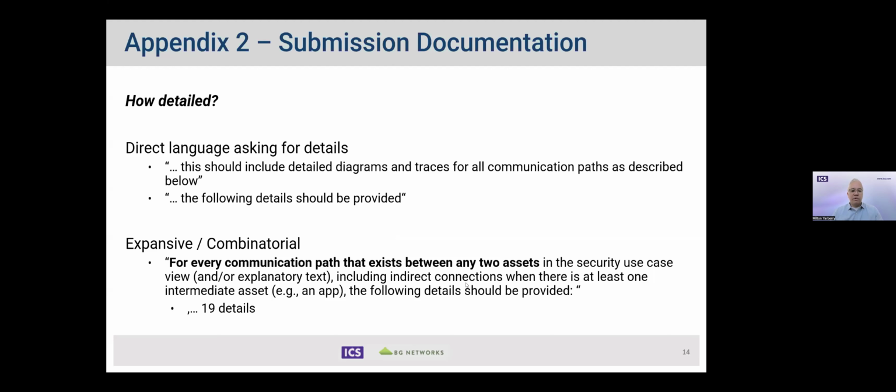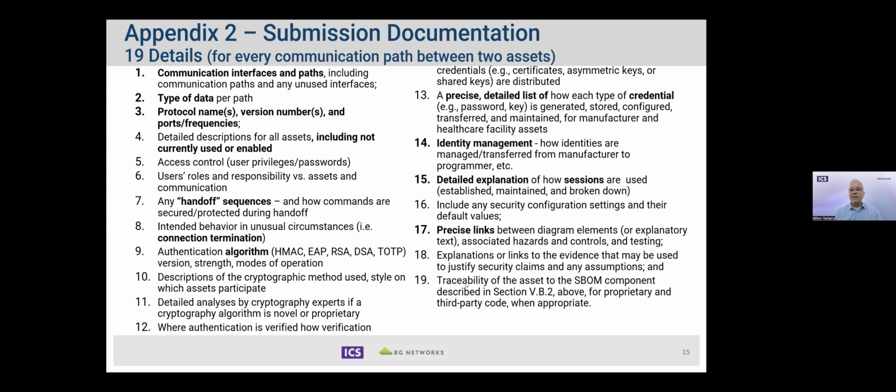They're looking for these 19 details described in Appendix 2. So here are the 19 details, and I'm not going to go through these. I have actually shortened them so that they're manageable on a slide. But there are a few themes as I was going through this that I thought were worth pointing out.